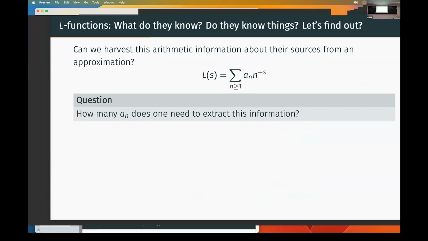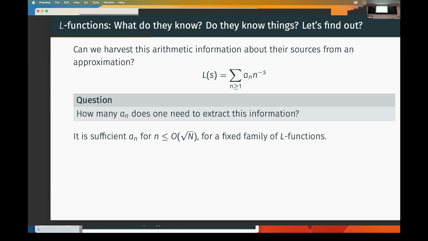Theoretically, I know that if I fix a family of L functions, then I need about square root of n. You can think of this n as somewhat the measure of complexity. If my complexity grows, then I need more and more coefficients to get the invariants of this L function, for example, computing the invariants I showed you before.